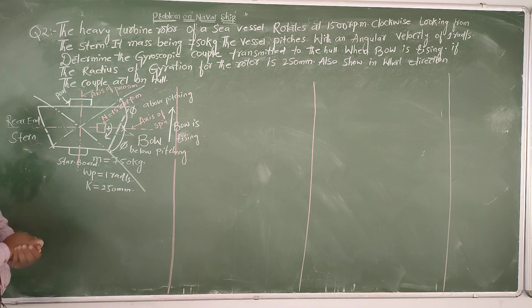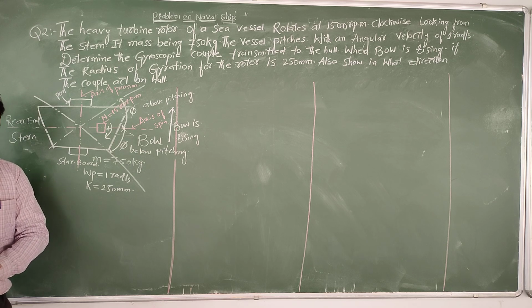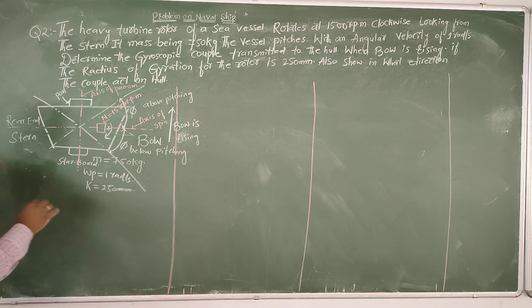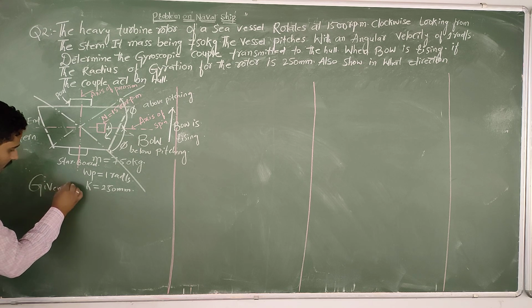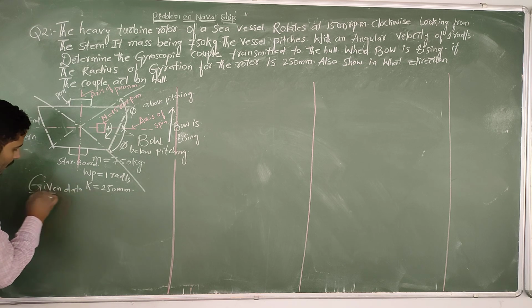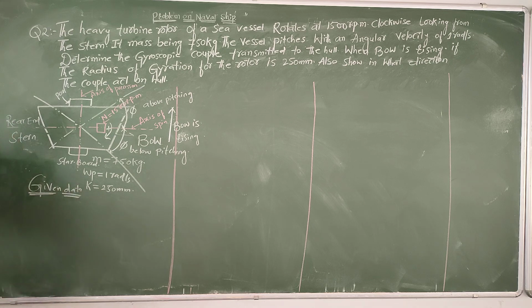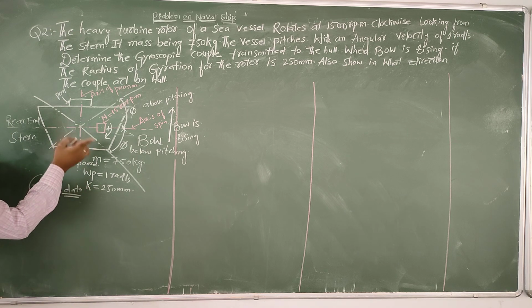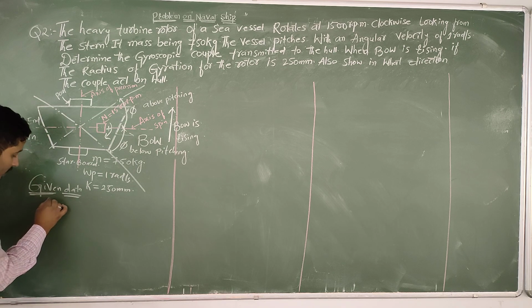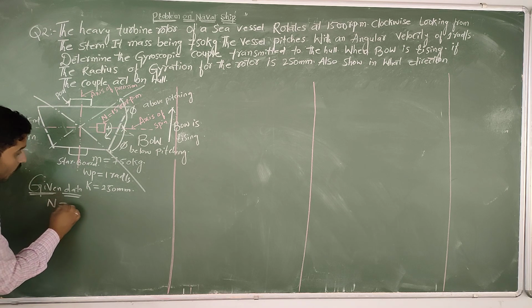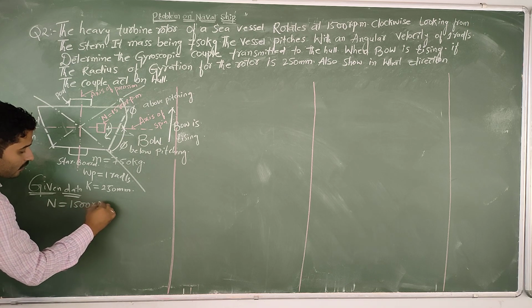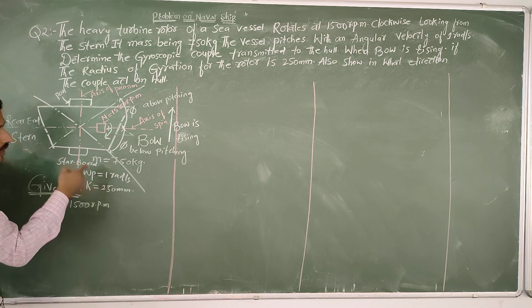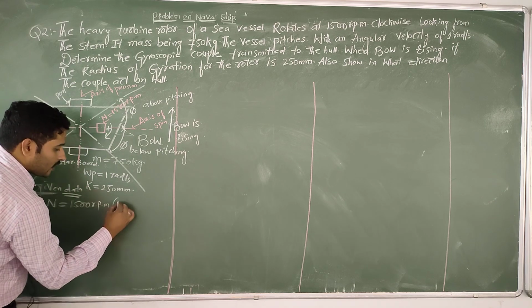The first thing is, I will write down the given data. The speed of rotation of the rotor is N equal to 1500 rpm. This rotor is rotating in clockwise direction.